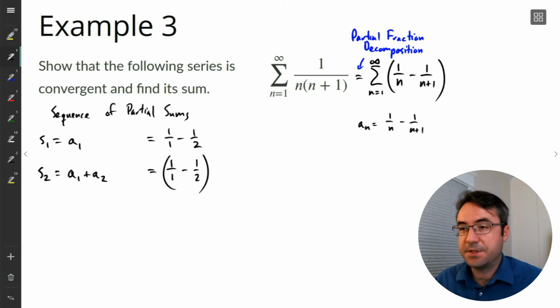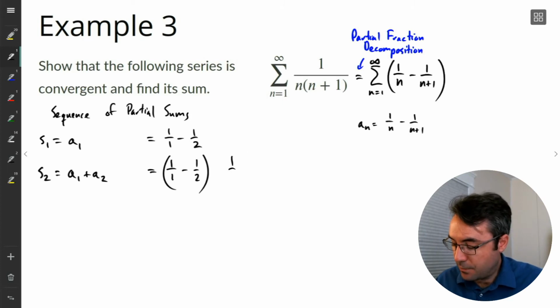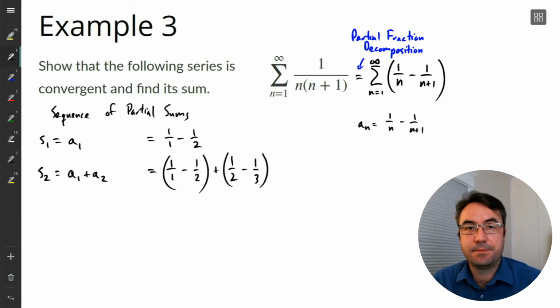Put a nice set of parentheses around that. And then a2, now we're going to plug 2 into this formula. So we're going to get 1 over 2 minus 1 over 3. And we're just adding those results together. So that's our second partial sum. Don't worry, we're going to come back and simplify these in a second.